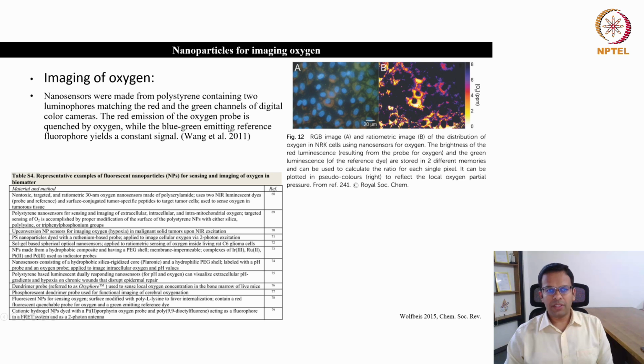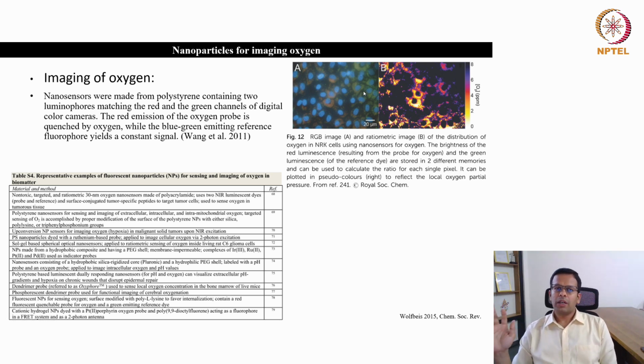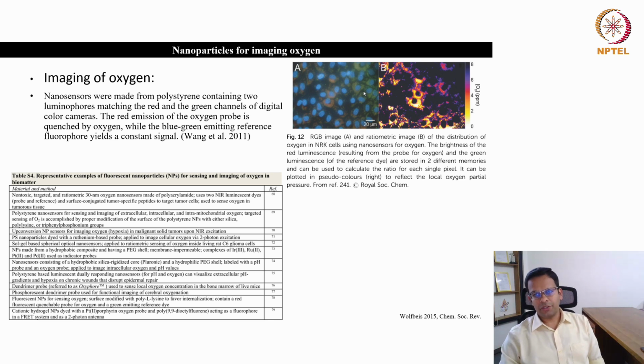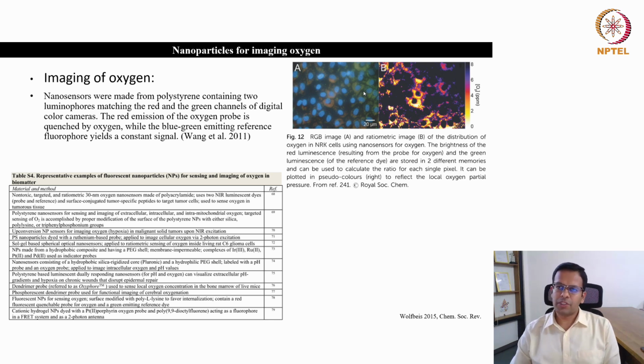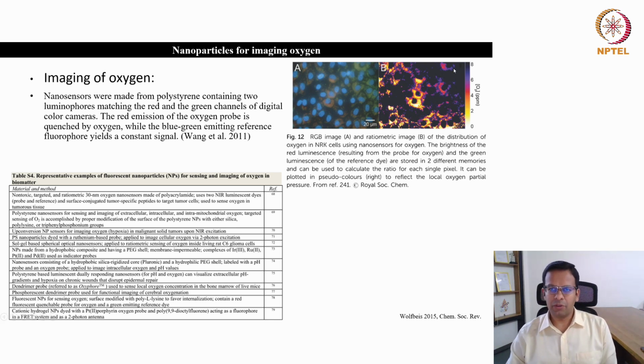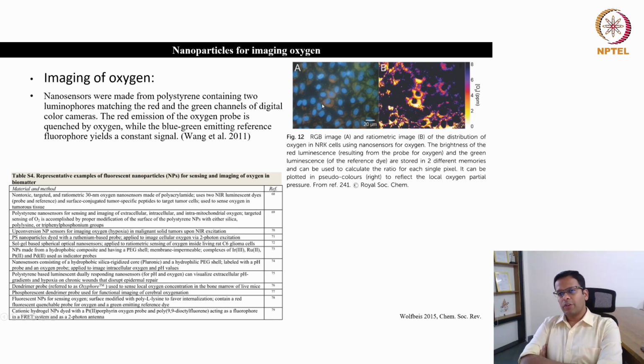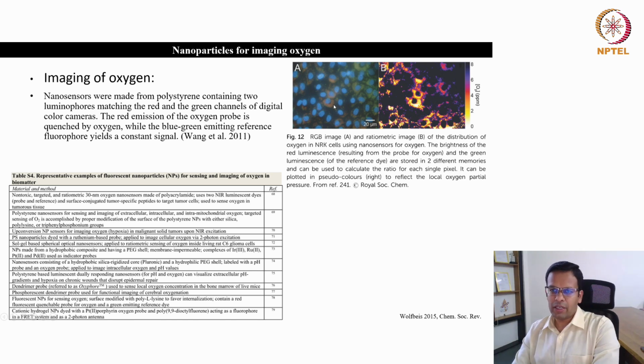And they use another dye, that is a blue-green emitting reference fluorophore. So this is a green color dye that you can see. It's a reference fluorophore. It is not sensitive to oxygen concentration. Whether the oxygen concentration is high or low, it will remain green only. But this red dye is an oxygen sensor. So if the oxygen concentration is high, it will quench the red emission.